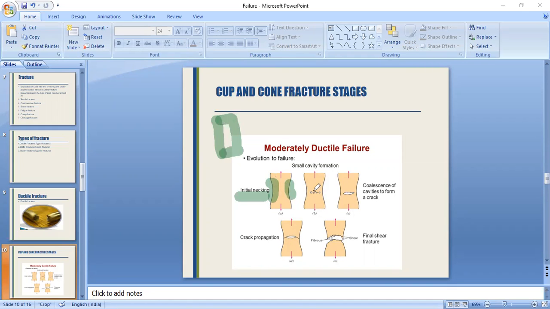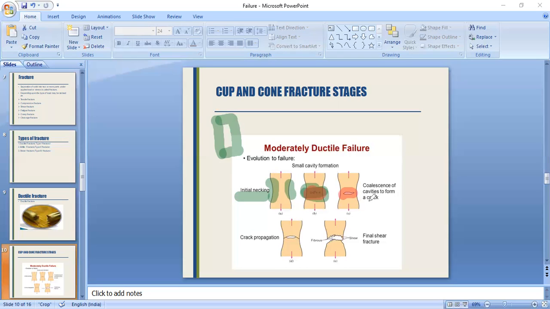After a certain time, small cavities form at the center of the material, and as time moves on, these cavities join together and form a crack at this location. That we call the coalescence of cavities to form a crack.